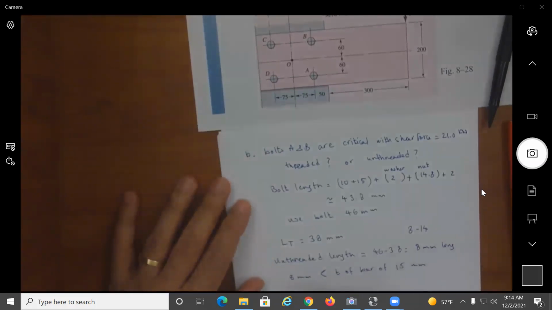So the bolt will tend to shear across the threaded portion.